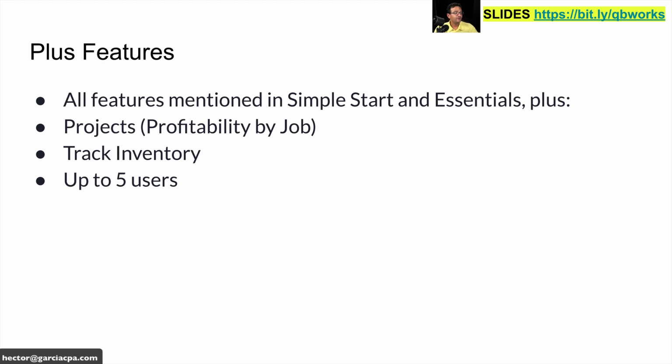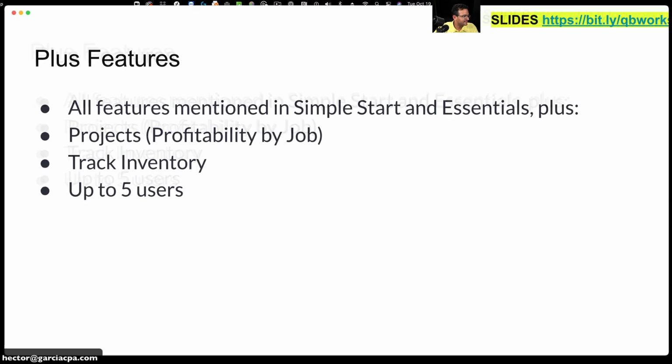Now, if on top of that you need to do project profitability, profitability by job, you need to know which deal made you money and which deal made you lose money, what type of projects you are making profit on, you definitely want to move into Plus. You're also going to have the ability to track inventory.